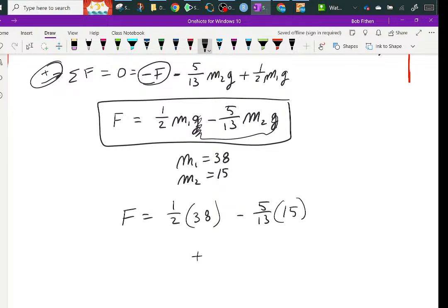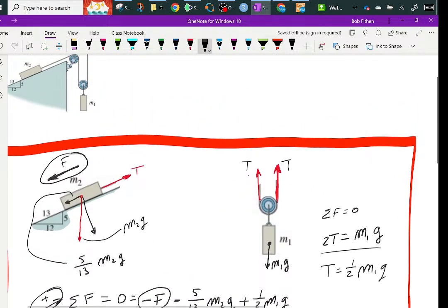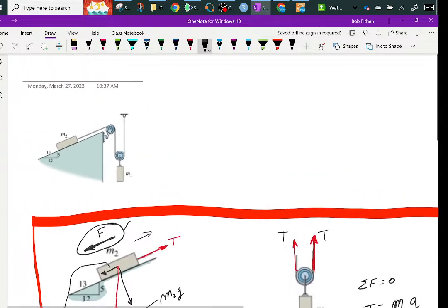Looks like it's a positive 172/13, but it doesn't matter what that number is, it just matters that it's positive. So because it's positive, that means this is true, and I'm having to hold this mass from moving in that direction. The reason I wanted to know that is because of this.